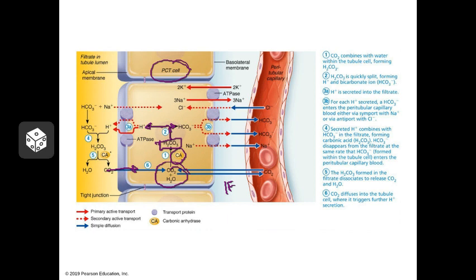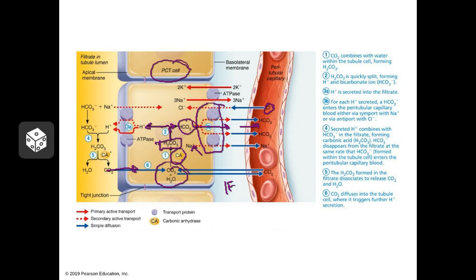Most of that happens thanks to secondary active transport mechanisms on the basolateral side that are driven by the sodium concentration in the cell and the chloride concentration in the plasma and the interstitial fluid. Bicarbonate ions are moved out of this cell and back into the plasma.